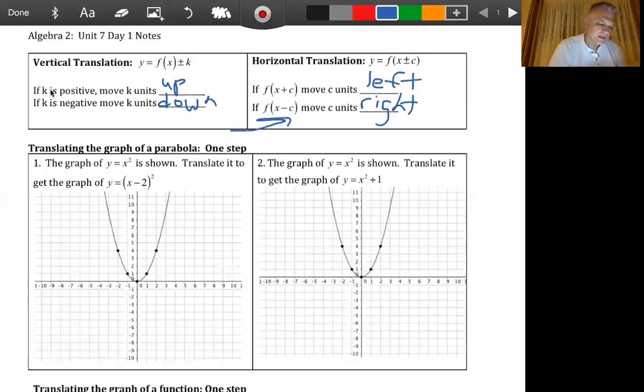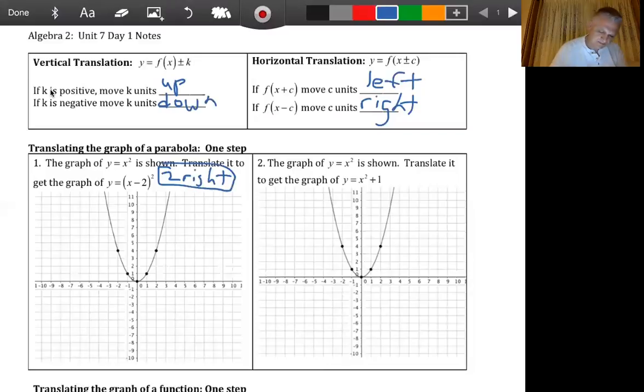It says minus 2, and this is minus c. Remember, minus with an x means it's going to go to the right. So every single point on this graph moves 2 units to the right.